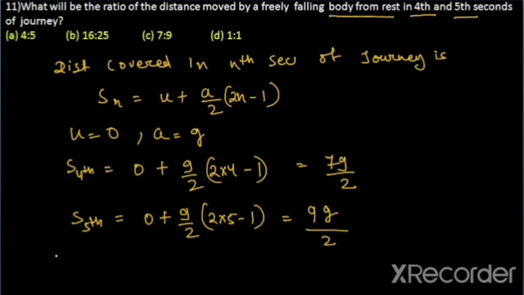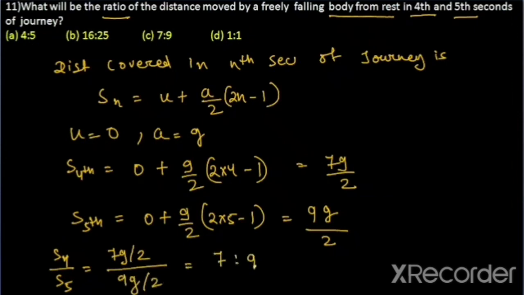And we have to find the ratio of the 4th and 5th second, that is S4 by S5 is equal to 7g by 2 divided by 9g by 2, that is 7:9. 7:9 means option number C is our correct answer.